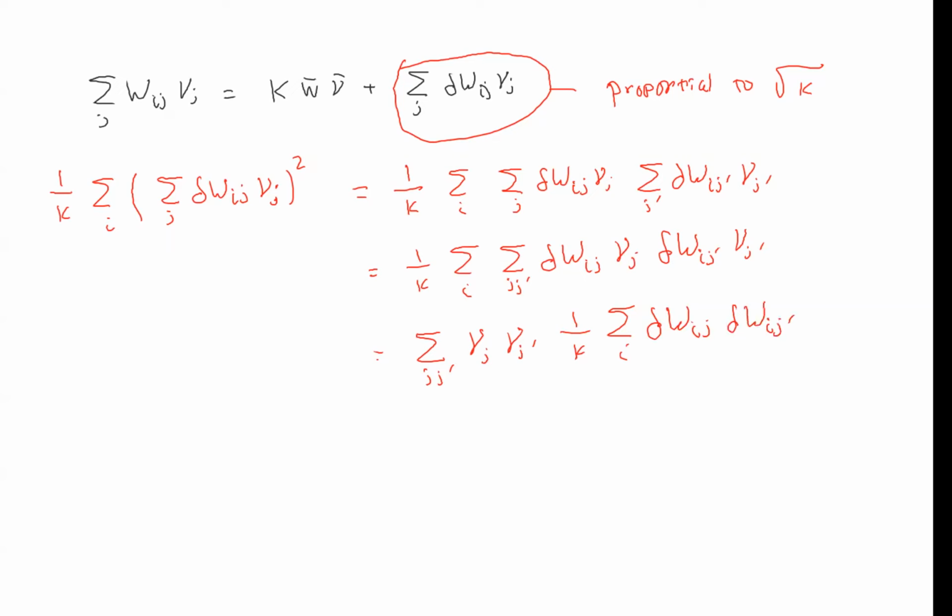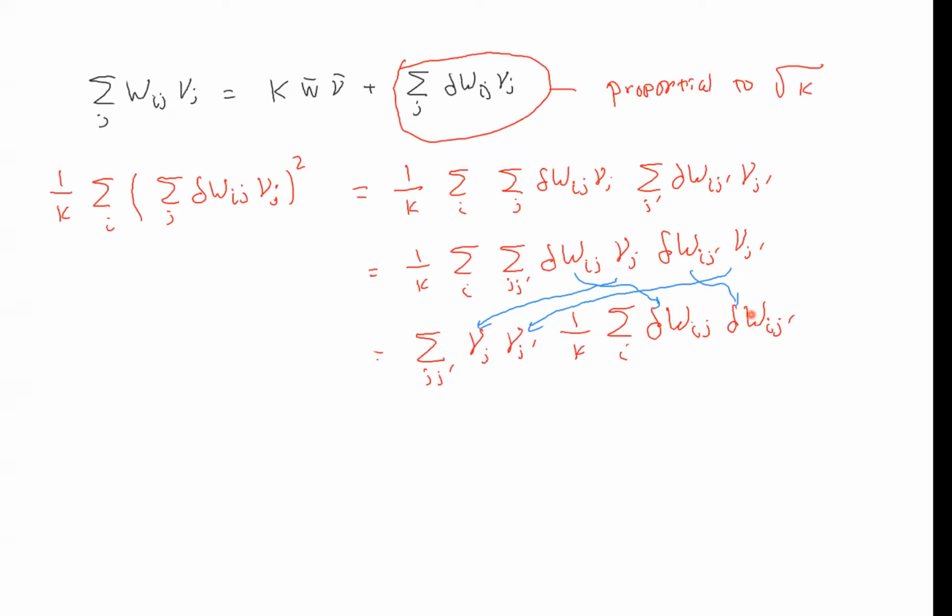Okay, so what we've done is we've taken this term and put it here. We've taken this term and put it here. And we've taken the w's and put them over there. And then rearranged the sum because all the I dependence is out here. Okay.